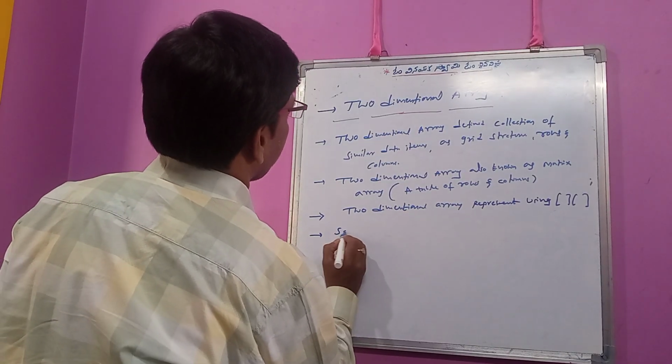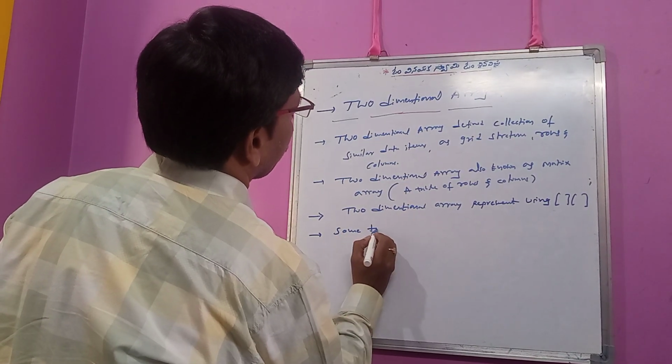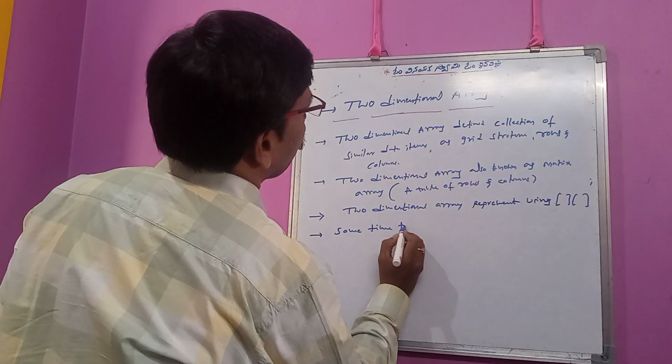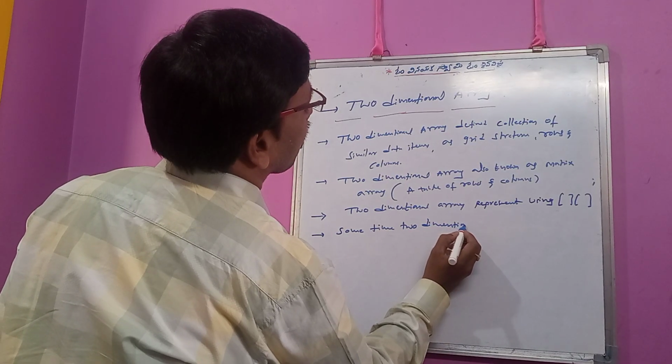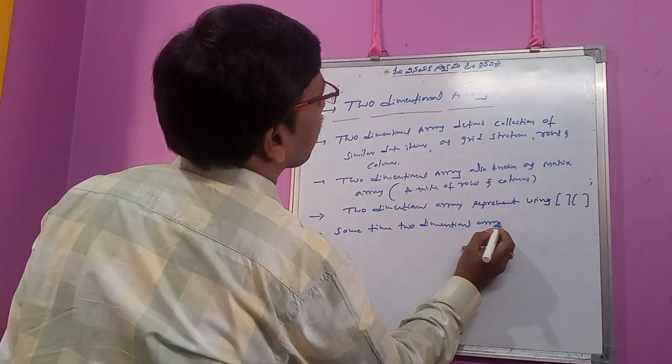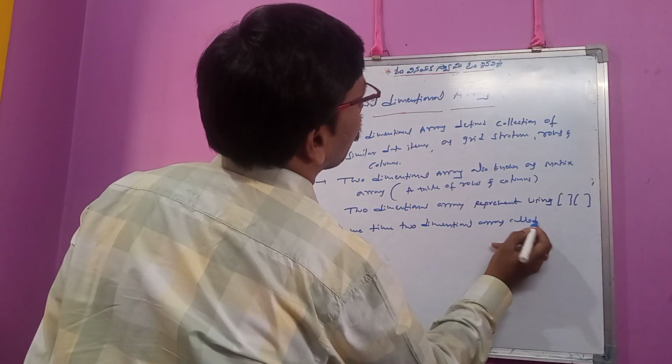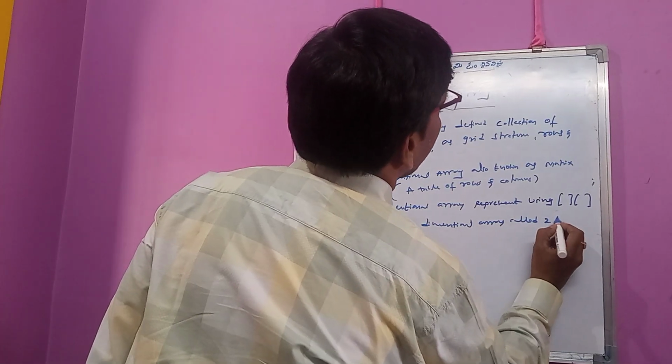Sometimes two-dimensional array is called 2D array.